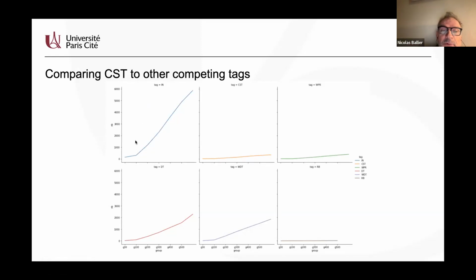The first competing label is IN, which corresponds to that being a conjunction, but also a conjunction used for verbs, like I say that.